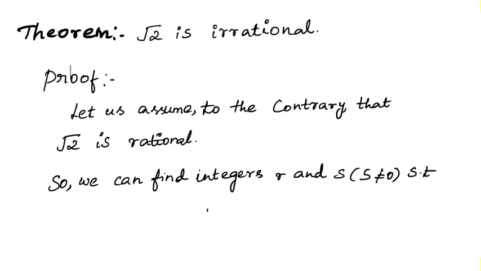Such that we have root 2 is equal to r by s. Suppose r and s have a common factor other than 1, then we can divide by the common factor so that we get root 2 is equal to a by b, where a and b are co-prime.